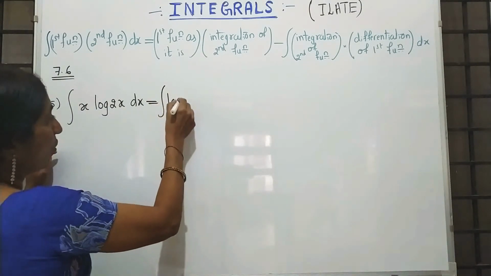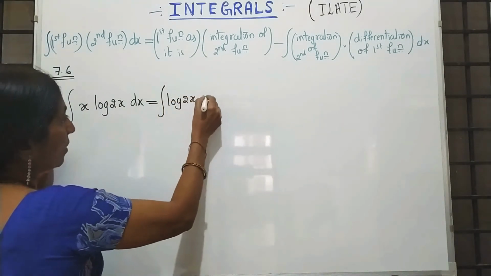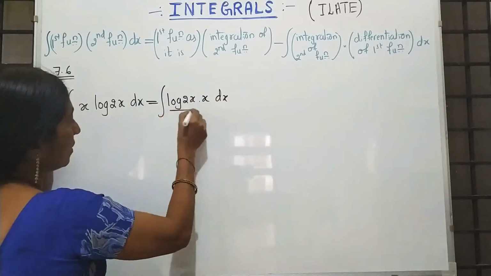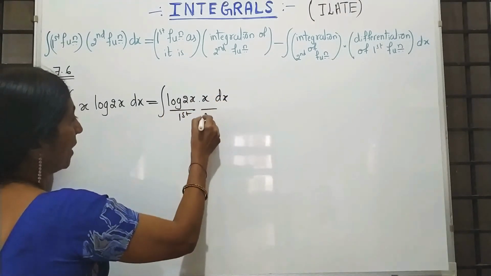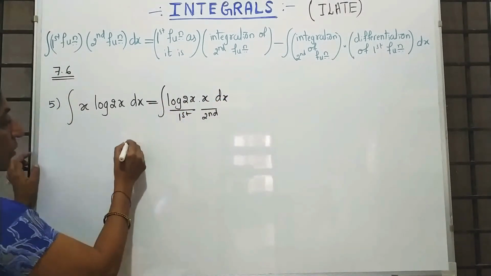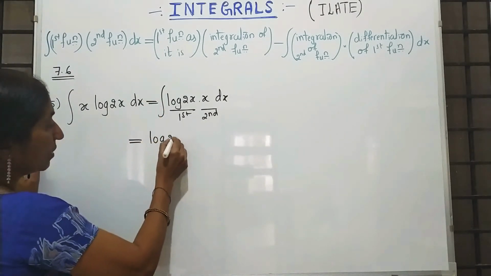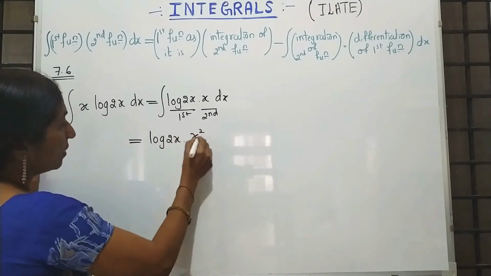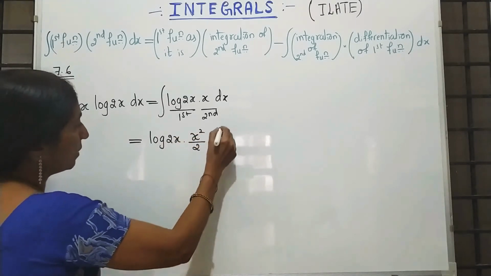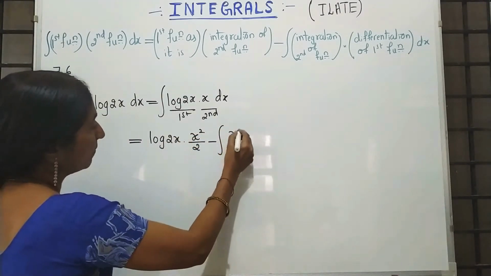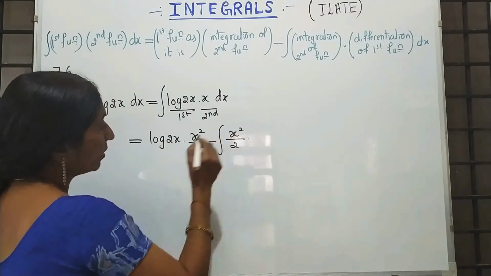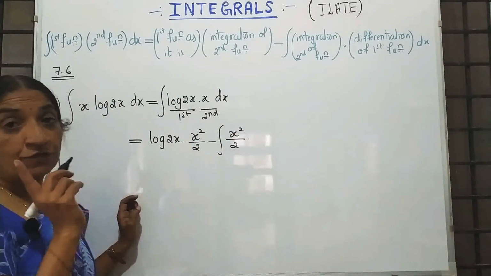It is log 2x into x into dx. This is the first function and this is the second function. According to the formula, first function as it is, log 2x. Integration of x is x square by 2, minus integration sign x square by 2. And you are familiar with the differentiation by chain rule.